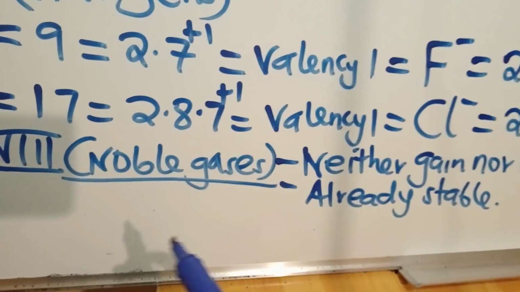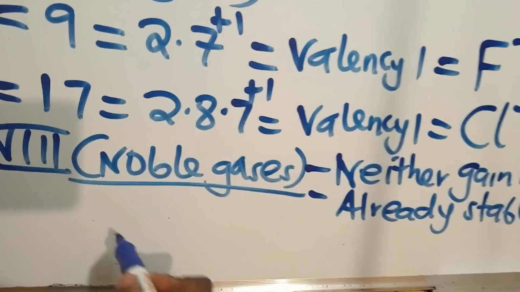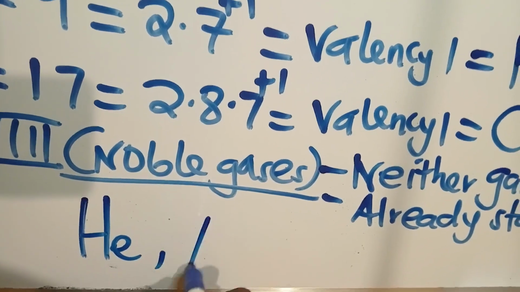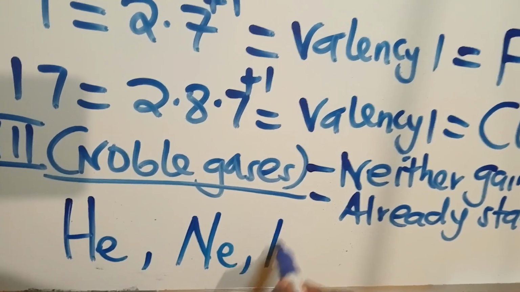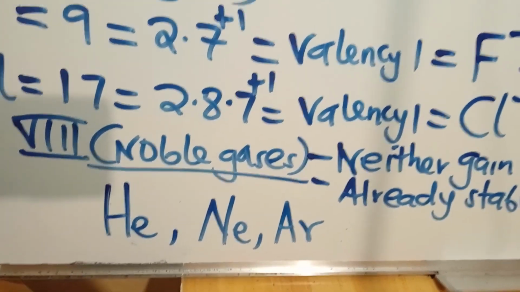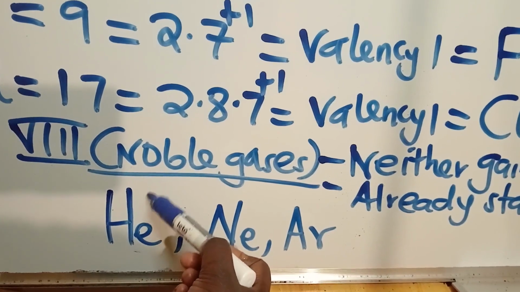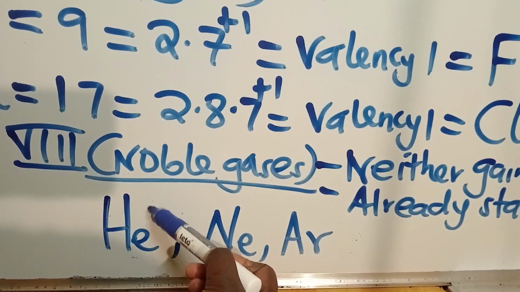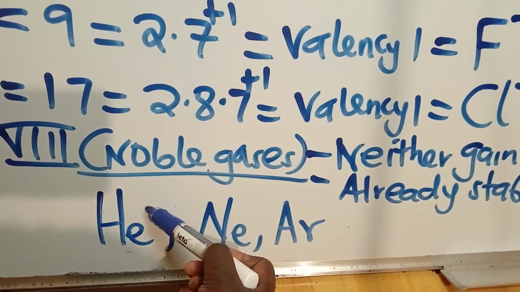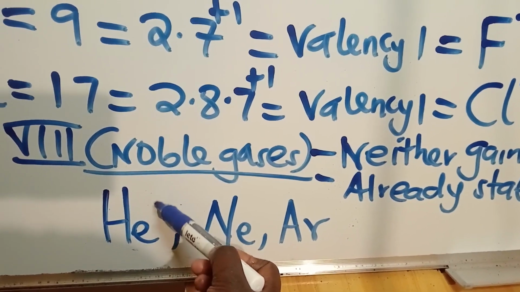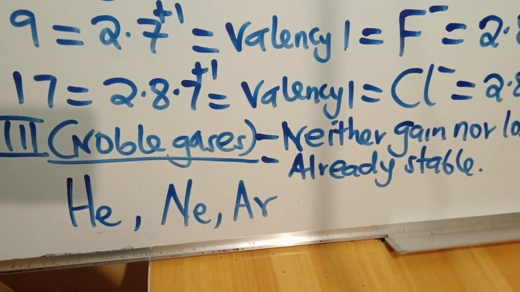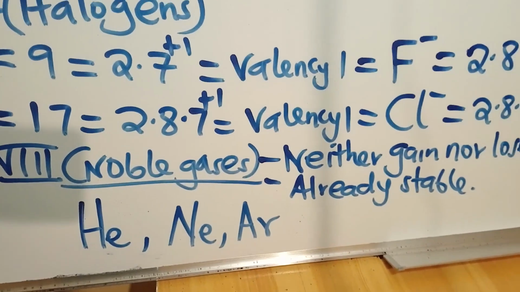Let me give those examples of the noble gases among the first 20 elements. We have helium, we have neon, we also have argon. Whenever you are writing their atoms, there will be no charge up here, just as we saw in our previous video. They do not have ion. They never form ion, so there is no charge on top here, and no wonder they are referred to as the monoatomic gases, and they are also the group 0.